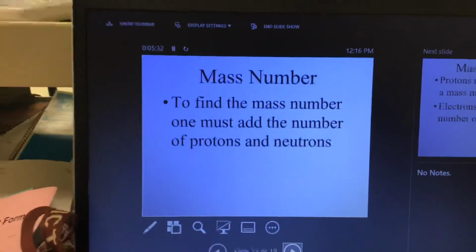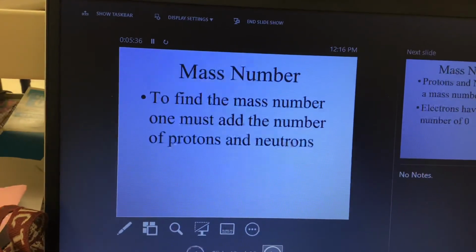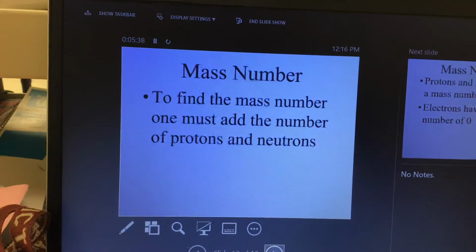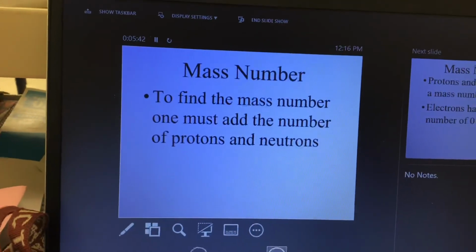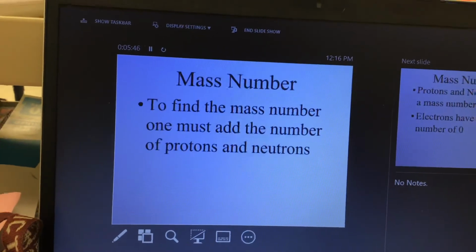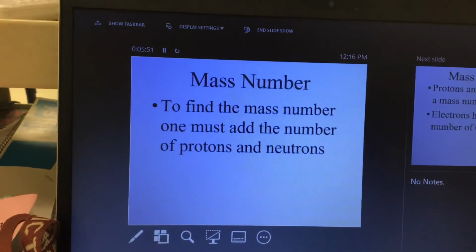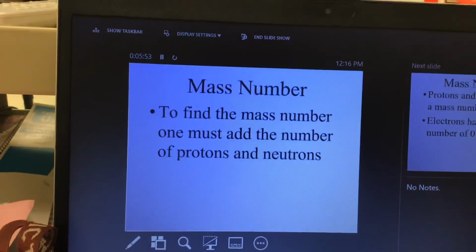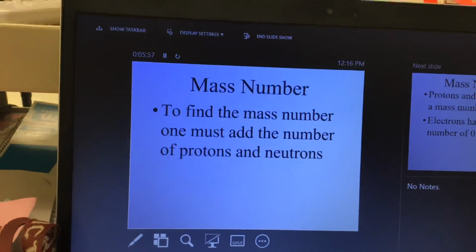Go ahead and write this down. To find the mass number, you must add the number of protons plus neutrons. So hydrogen is number 1 on the periodic table. It has 1 proton, 0 neutrons, so its mass number is 1. A 1 point something something, we'll get to that.